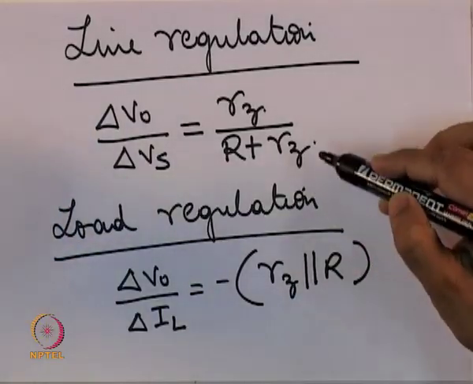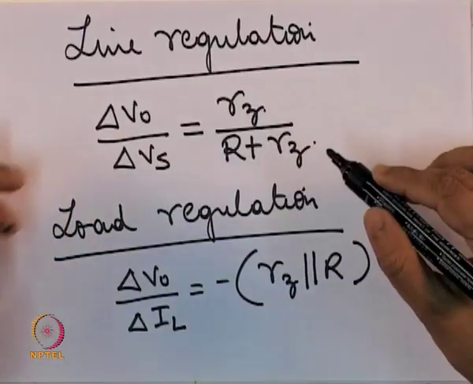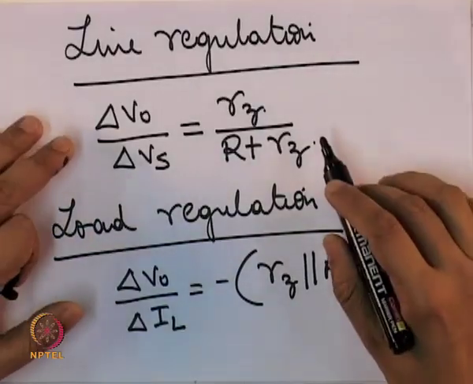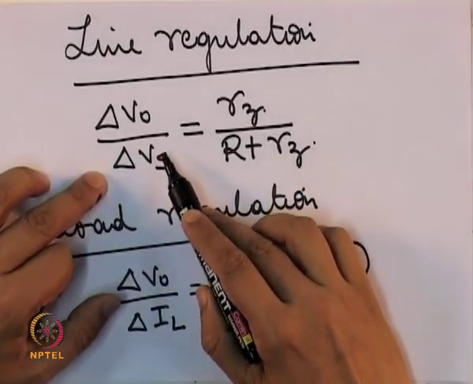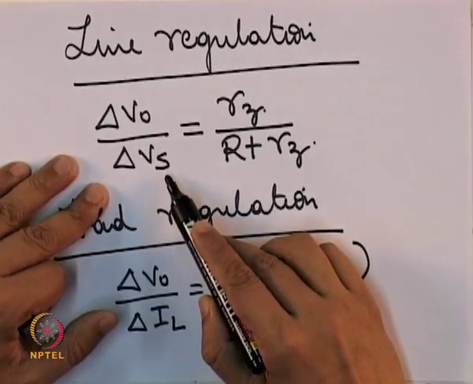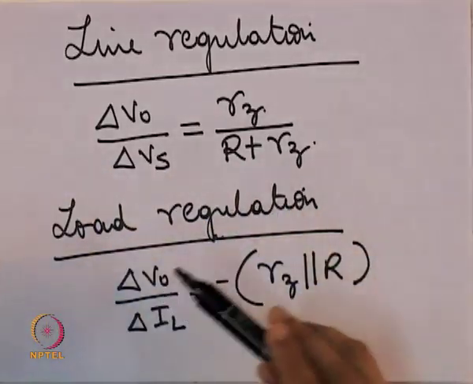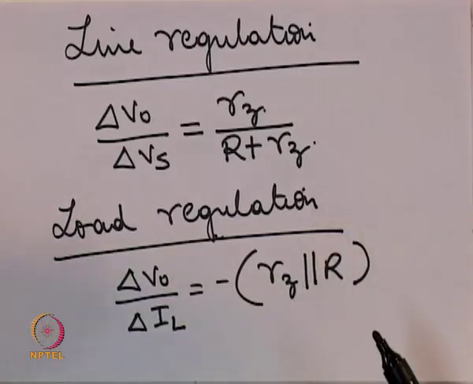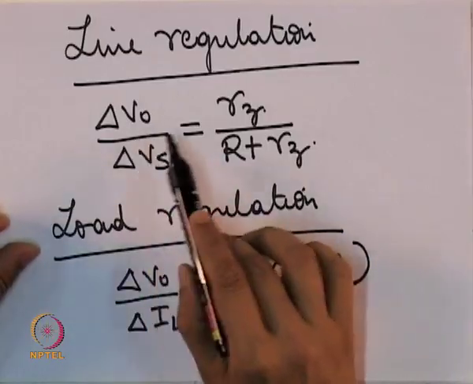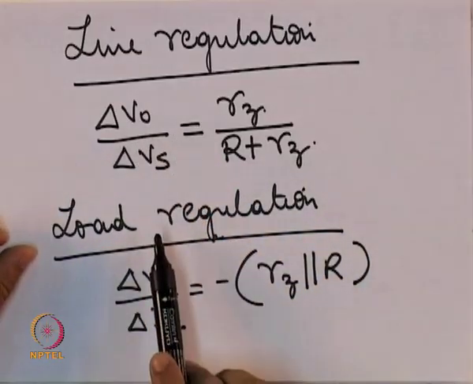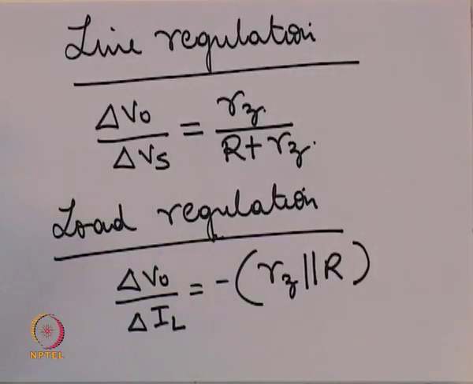Now, what do we see from these equations? By the way, why are these so important? Line regulation says how much V 0 will change due to change in V s, because we ultimately want an ideal voltage regulator, right. So, ideally what we want is that the change in V 0 should be 0 for any change in the supply voltage V s.